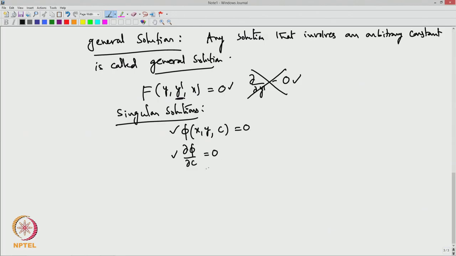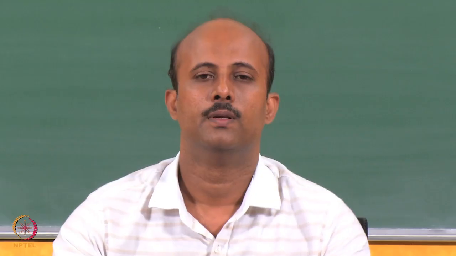Look at these two equations; eliminating c will give you the singular solution. If the envelope of φ(x, y, c) equal to 0, c arbitrary, exists, then you solve these to get the singular solution. These together, if you eliminate c, will give you the singular solution.